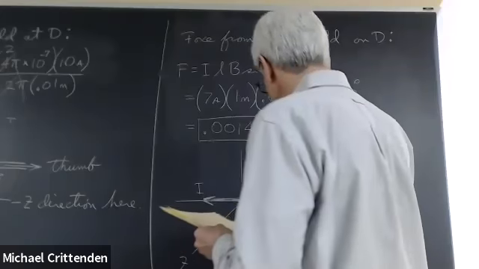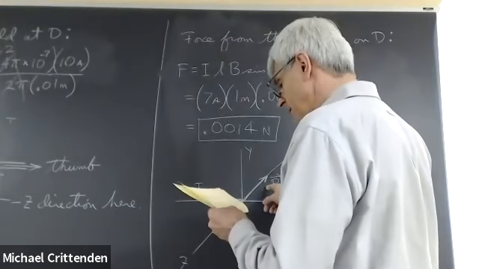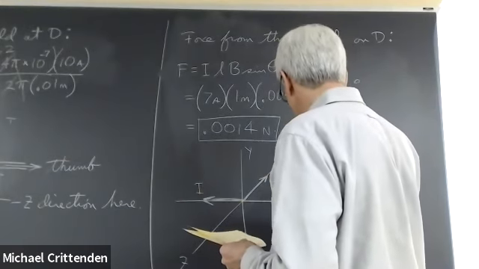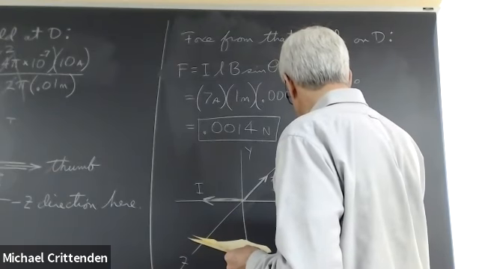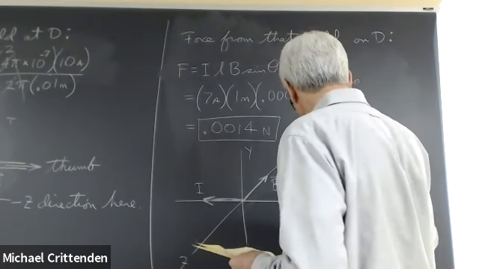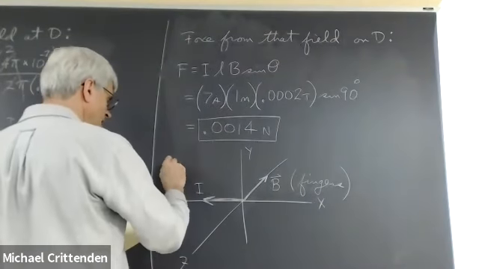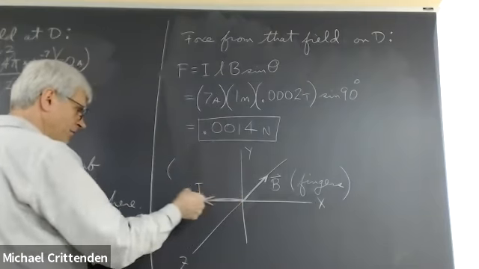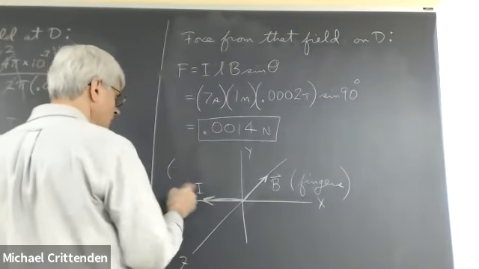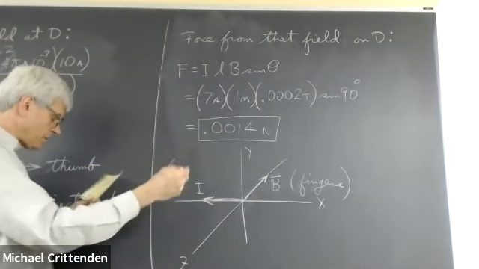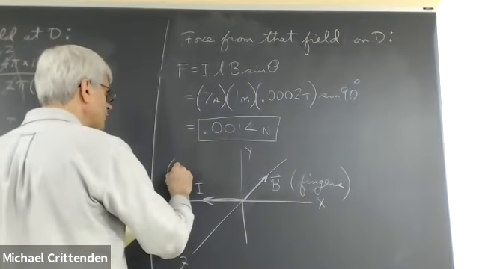So get your right hand out. The field is the direction where you line up your fingers with the field. And just like all those examples I had you do earlier, the direction that positive charge is moving, the velocity of the charges or the current, whatever you want to call that direction, that's your thumb.